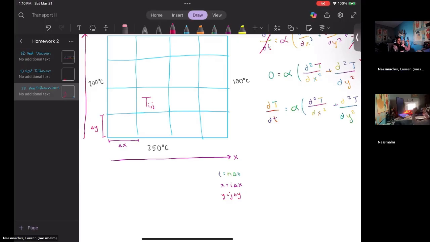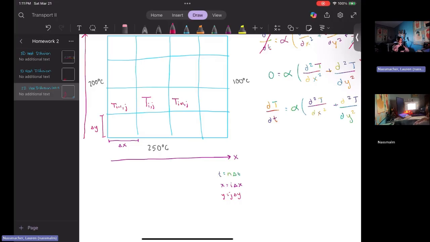If you go over 1, so let's say you're going to the left, you're going to subtract from your i direction because you're decreasing in your x direction. If you go to the right, you'll increase by 1 in your x direction, and your j will stay the same because you're not increasing or decreasing in your y direction.